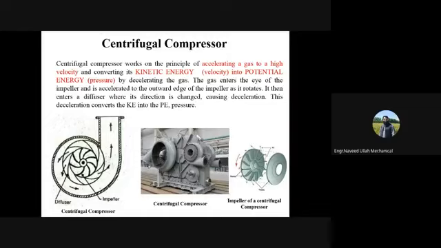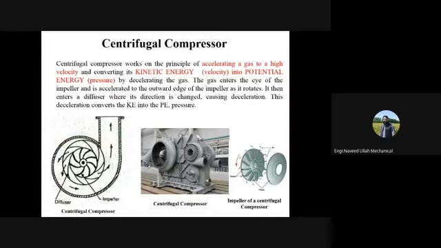Okay, so what is a centrifugal compressor? A centrifugal compressor works on the principle of accelerating a gas to a high velocity and converting its kinetic energy into potential energy by decelerating the gas.